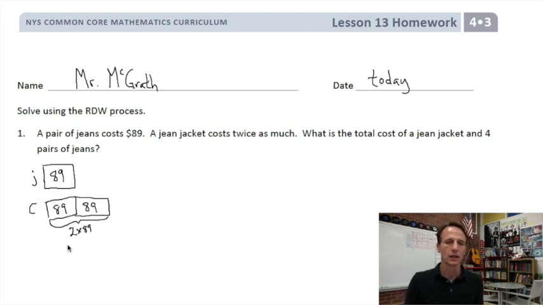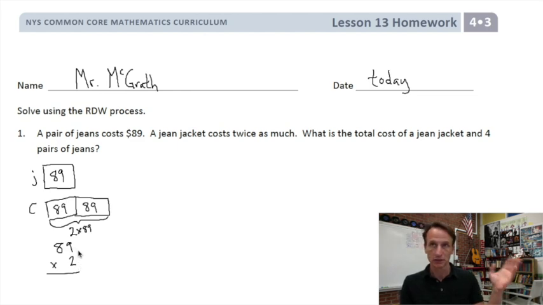I think we should do this multiplication first. So find the cost of the jacket: 89 times 2. A very good estimate is 90 times 2, which is 180, so it's going to be pretty close to that.